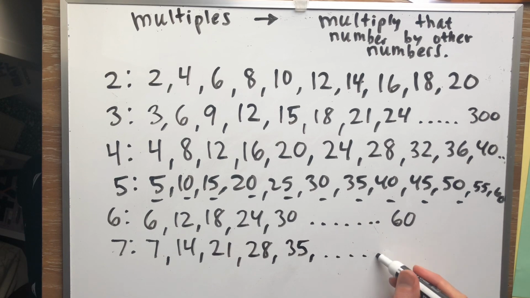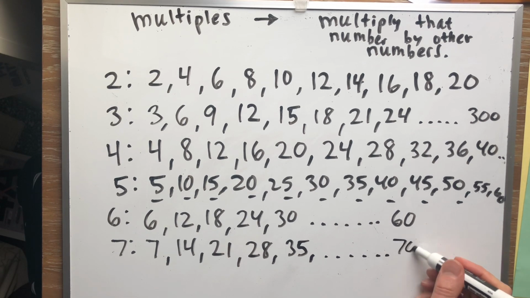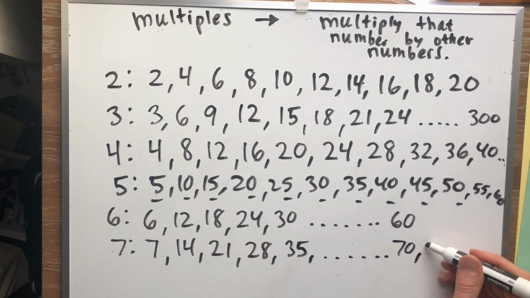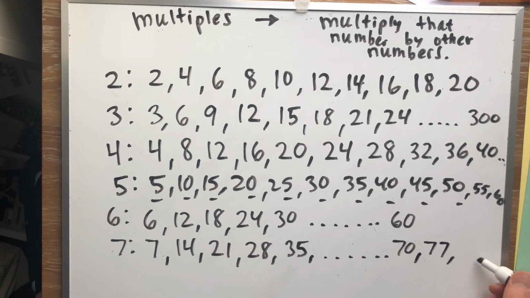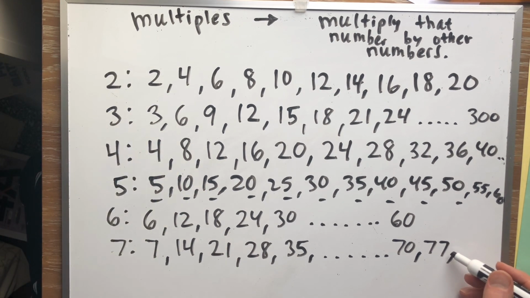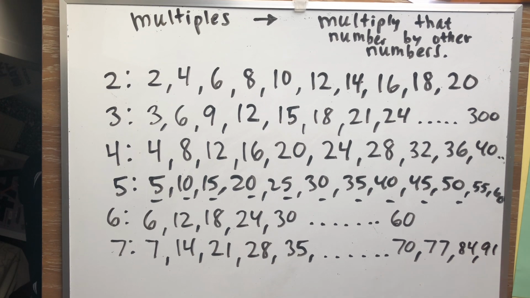And keep going all the way up to 70. Or what's 7 times 11? 77. What's 7 times 12? I don't know, but if you add 7 to 77, what do you get? 84. And then 91, it just keeps on going.